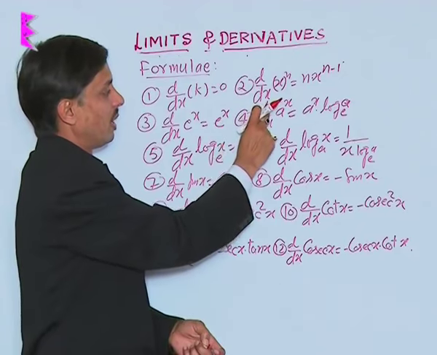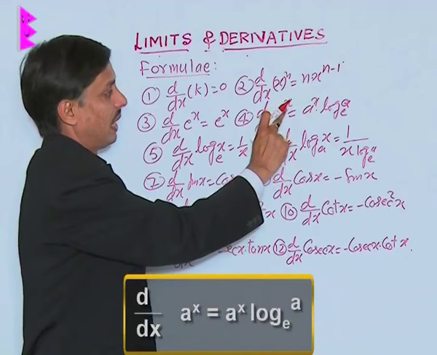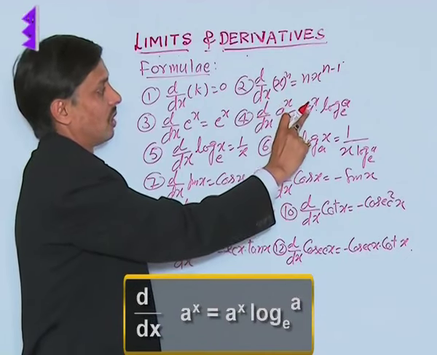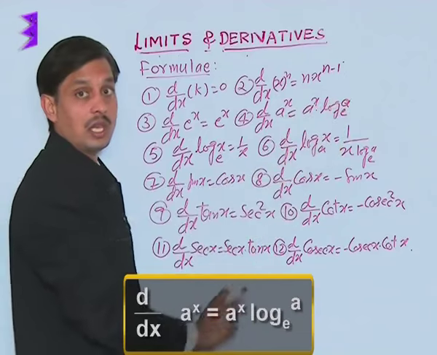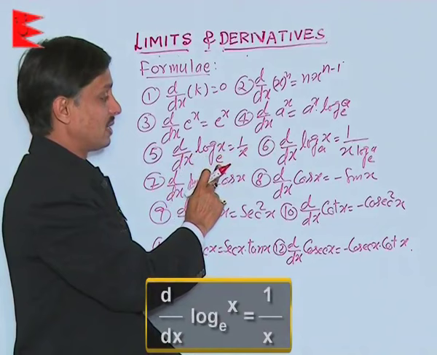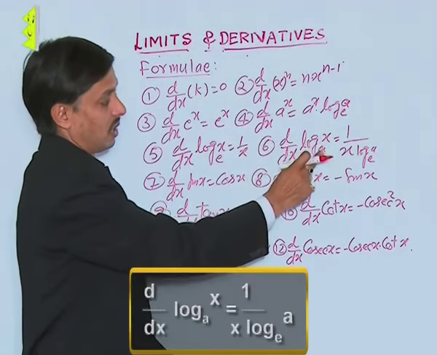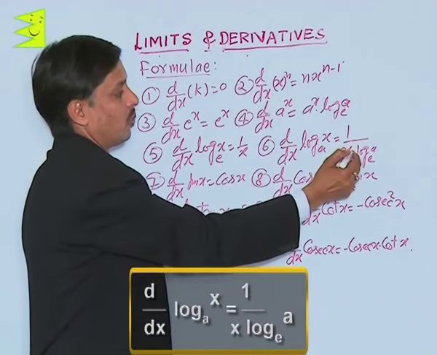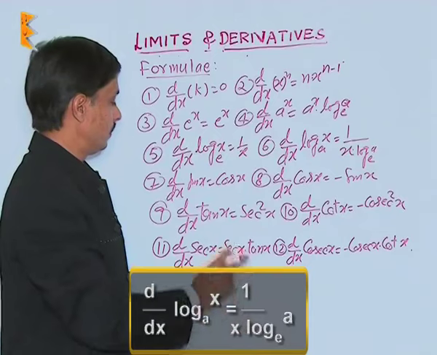Fourth, the derivative of a raised to the power x, where a is any constant number and x is variable, is a raised to the power x into log of a under base e. Then the derivative of log x, if the base is e, is 1 upon x, and the derivative of log x, if the base is a, is 1 upon x into log a under the base e.